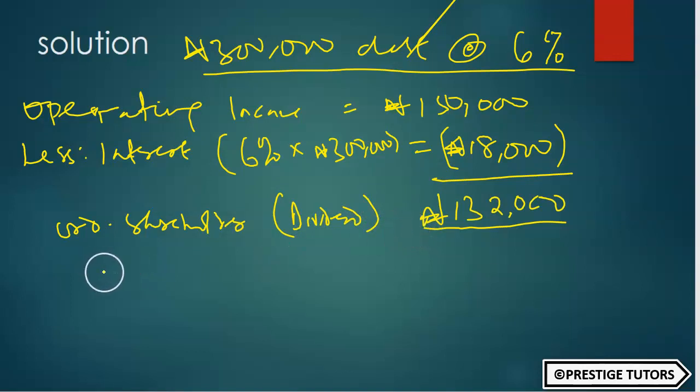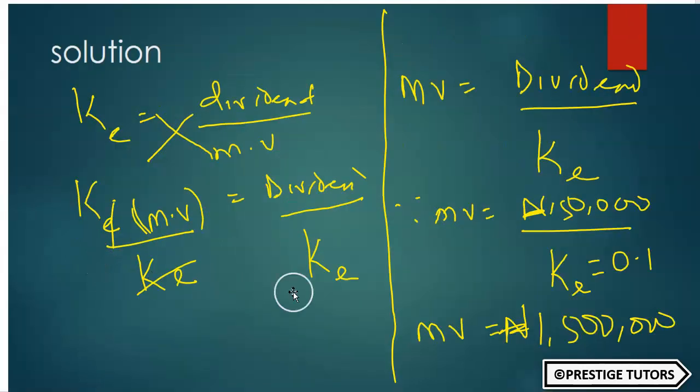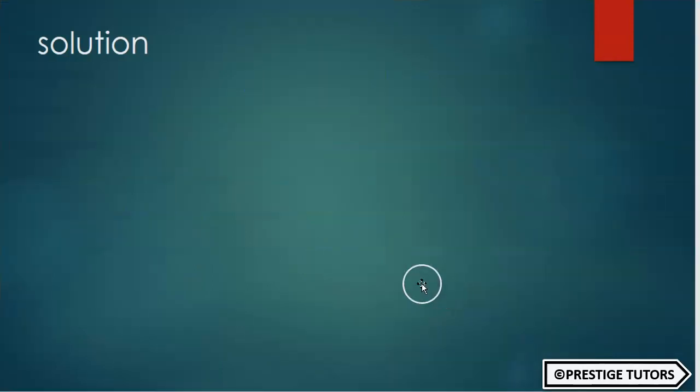We want to calculate the value of the firm. Don't forget from the first question, we are to calculate the value of the firm. But can you see we are calculating the value of equity? We have not calculated the value of the firm. We have only gotten the value of equity, which gives 1,500,000 naira. We said the value of the firm equals value of equity plus value of debt.